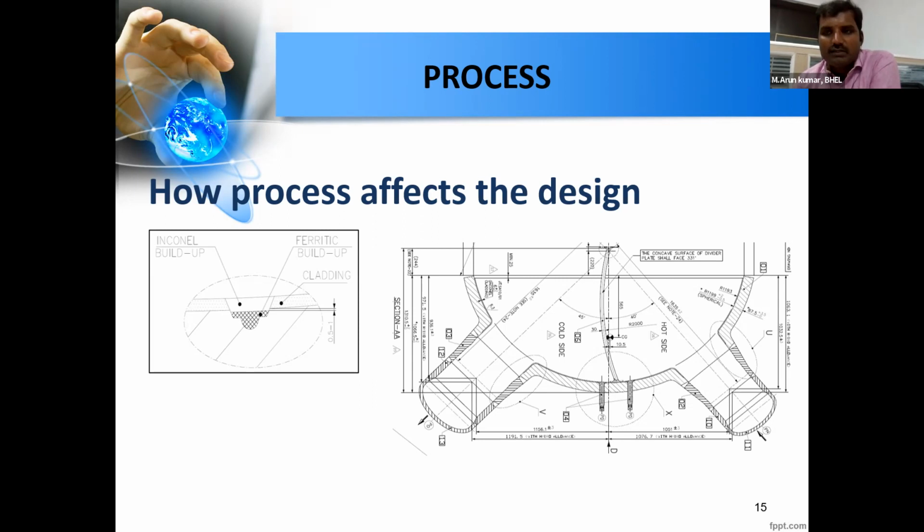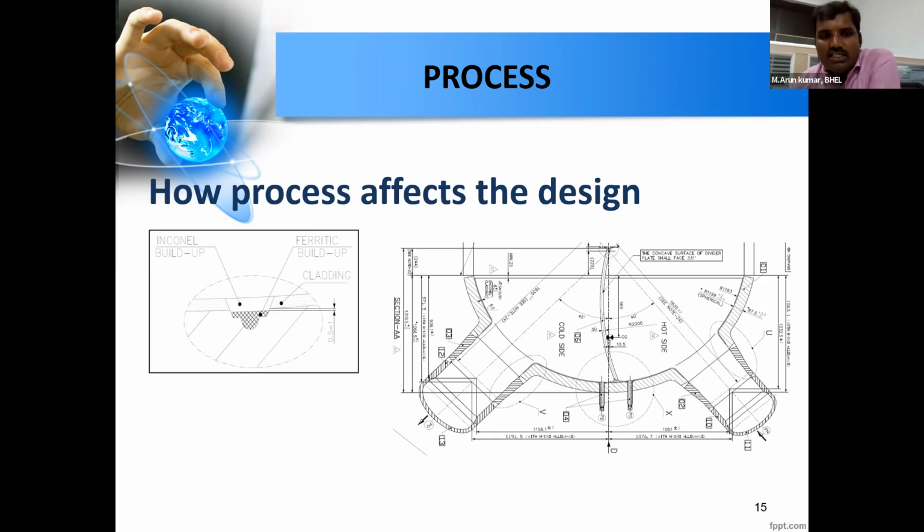So here we are going for loss of material thickness. Then if we deposit again the ferritic material to compensate for this thickness loss, what happens? Whenever in the nearby region already cladded material is there.